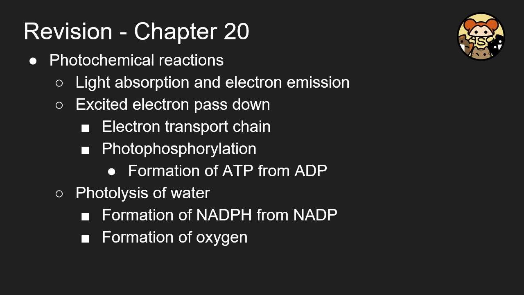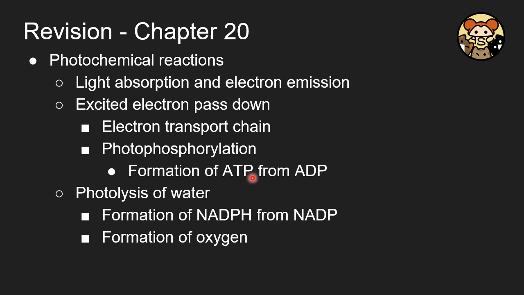So let's understand the photochemical reaction in greater detail. The absorption of light will result in the excitation of the electron, and then this excited electron will be passed down the electron transport chain, and through the process of photophosphorylation, the ATP will be formed, and ATP is the currency that we take as the energy.